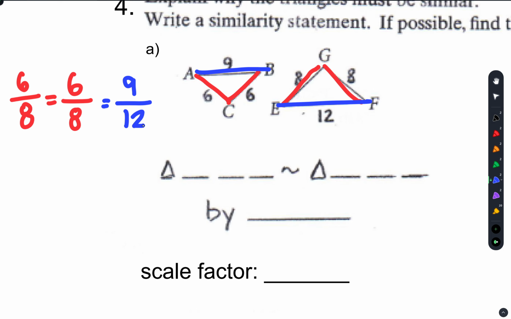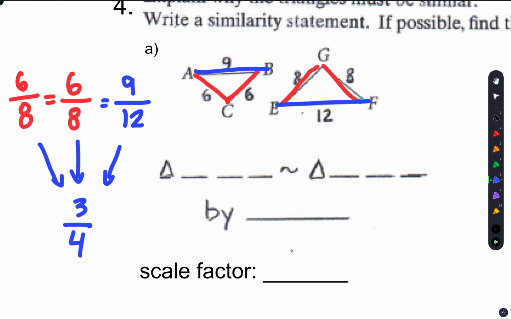That's my extended proportion. Now I make sure that all three of these fractions reduce to the same number. What do these three fractions reduce to? Allegra, Thalia. Thank you. So that's my scale factor. So whenever I reduce my side lengths, they reduce to the same number.